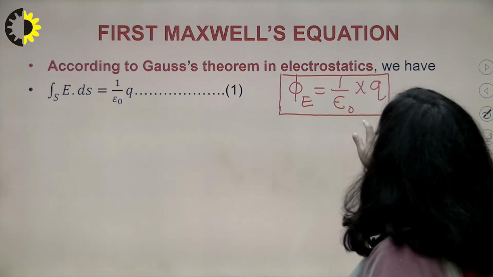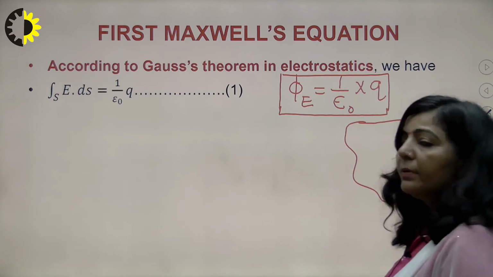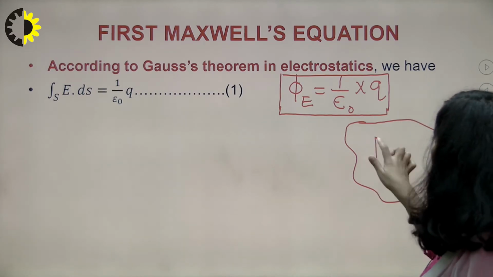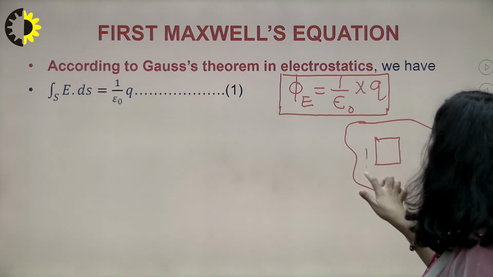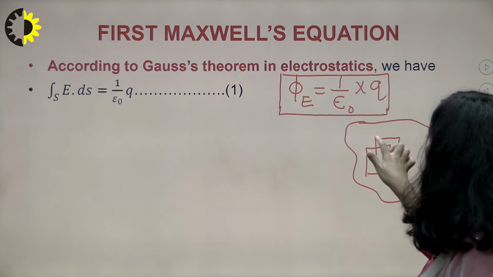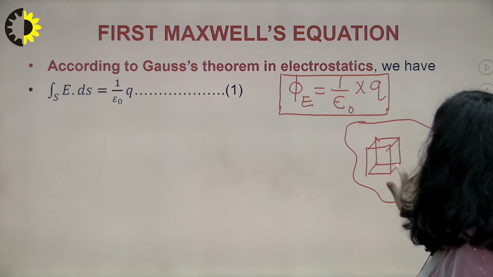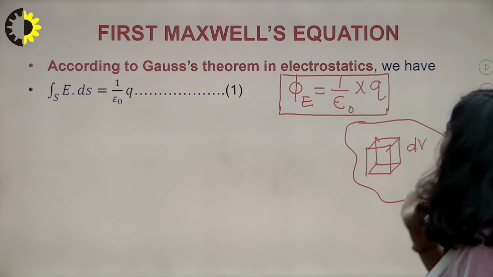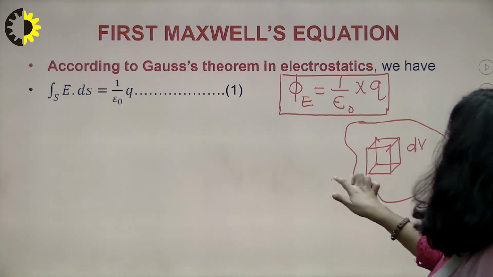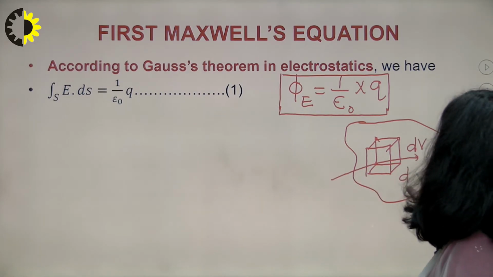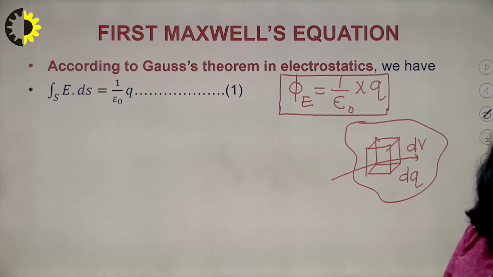For this, I am taking this arbitrary surface here, right? And here we are going to choose a small volume element, and let dV be the volume of this small volume element, and let dQ be the charge flowing through this small volume element.